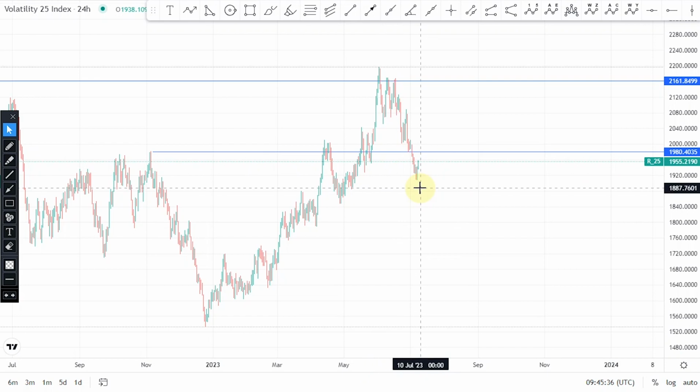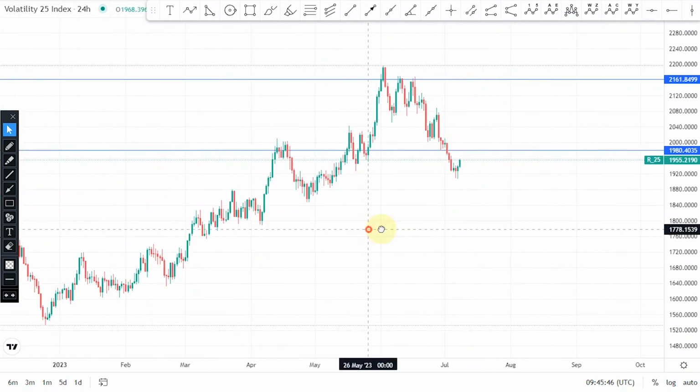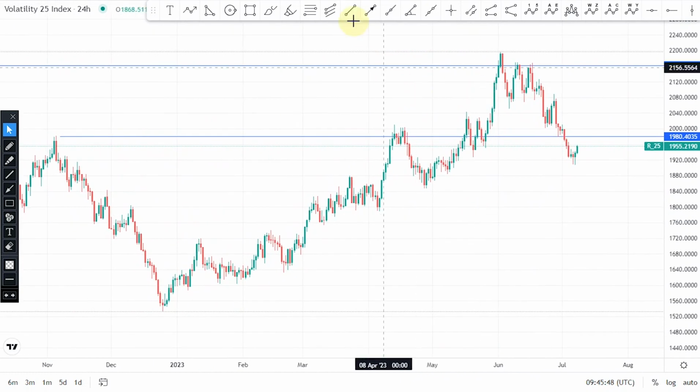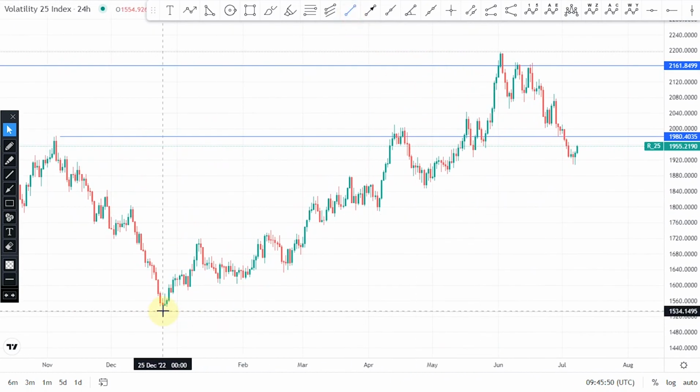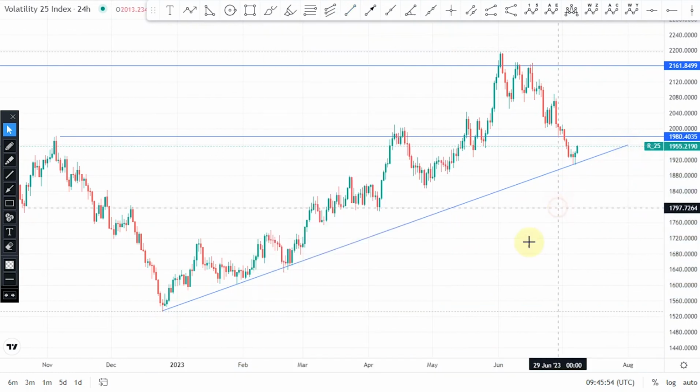So since we have established the fact that we are in an uptrend, let's see what the market can tell us. So I simply try to support the uptrend with a trend line to see how far the market has moved.